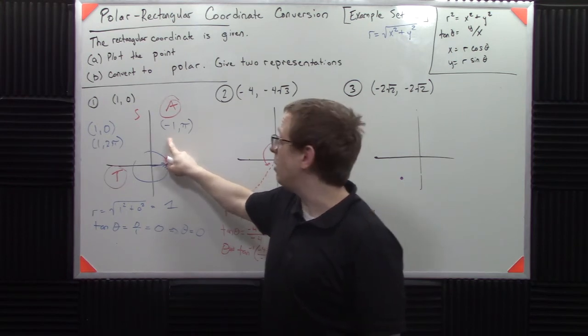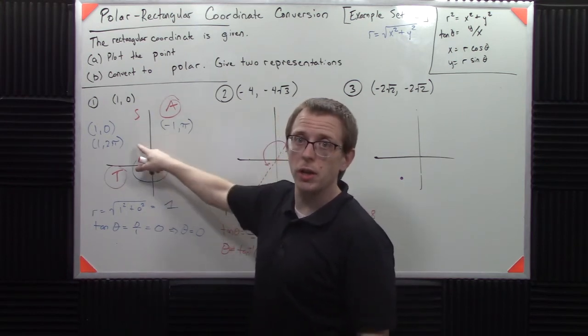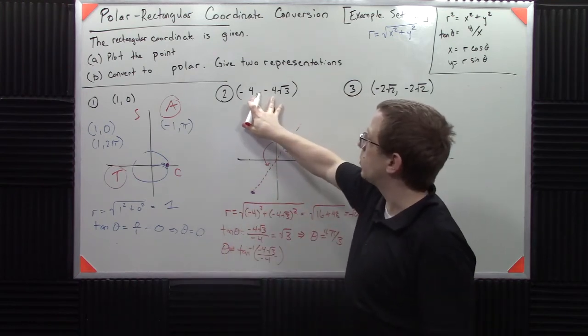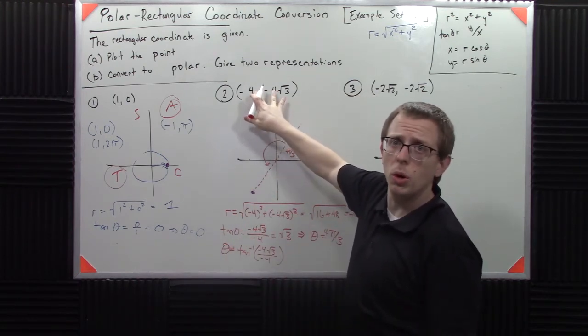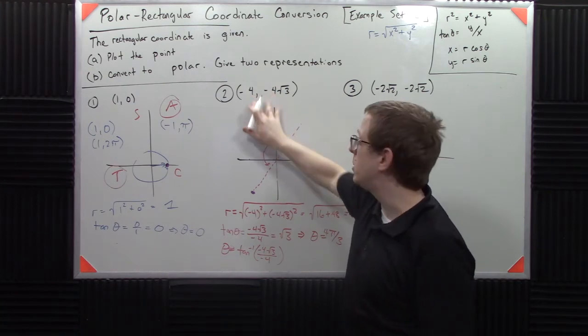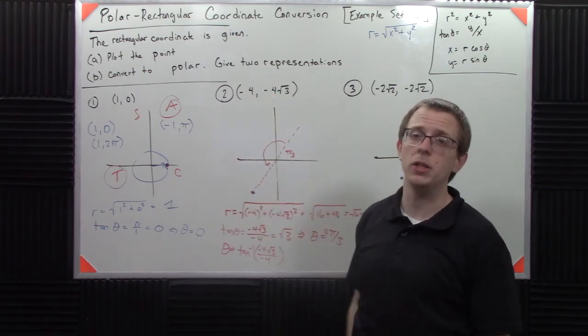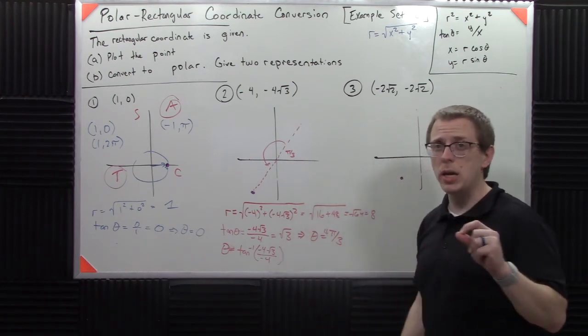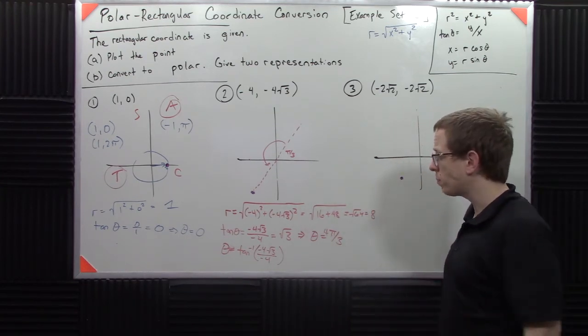If tangent's negative, you still don't know which of the two quadrants you're in. So you have to apply logic to what these values tell you so you can figure out what quadrant you're in, and that tells you which angle is your actual angle. It's tricky. You have to be careful.